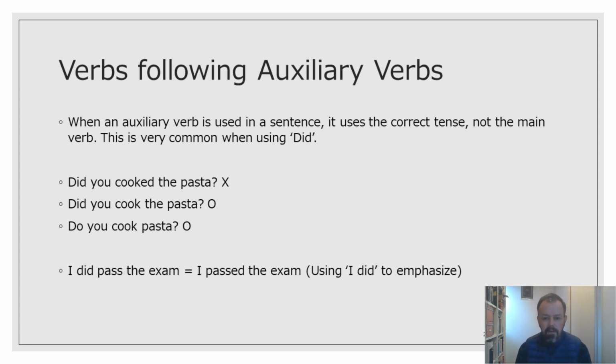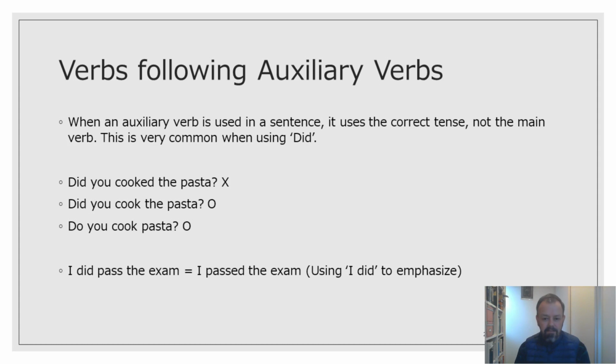So one of the most common examples is using do in the past tense form did, often to ask questions. And since did is in the past tense form, the main verb remains in the present tense.